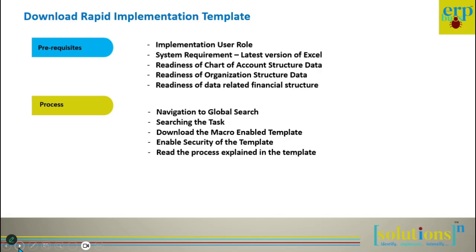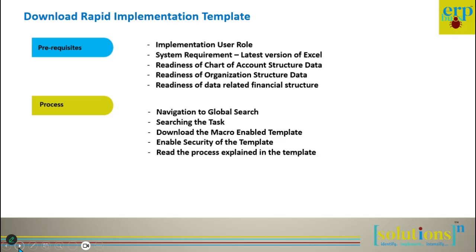Then we should have all the information handy. When I say handy, we should have had the discussion with the business about what the chart of account structure should be, how many segments they want to have, what the organization structure is, how many child organizations, what business units and legal entities they want to have. Everything we should have handy.